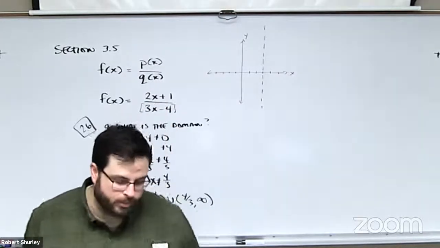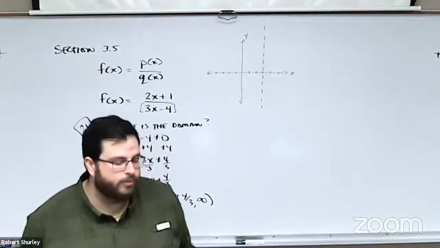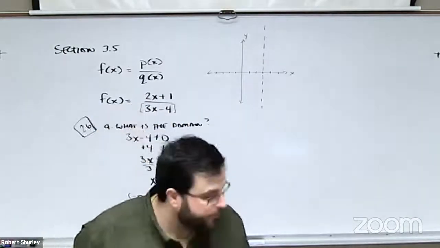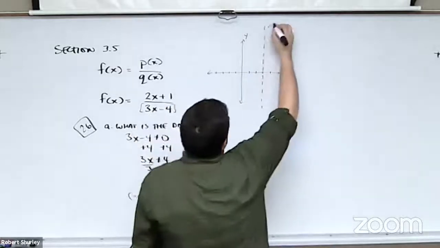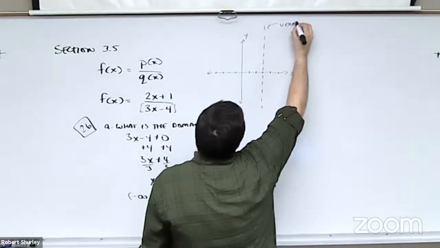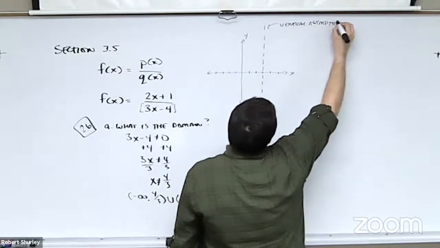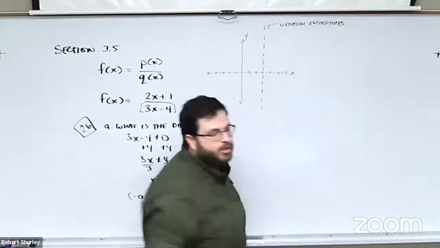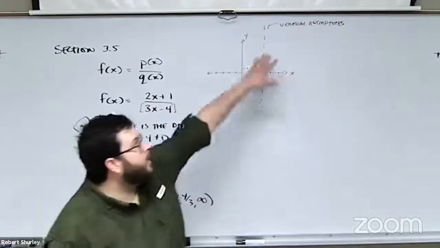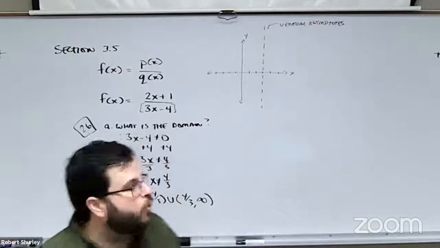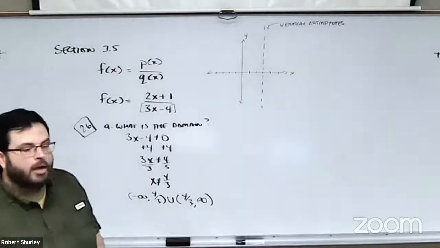There are 2 graphs there of these rational functions, and they have these vertical lines on them. Those vertical lines are called vertical asymptotes. We're going to go into the algebraic process of finding a vertical asymptote next, okay? But for now, I just wanted to show you what these look like on a graph.